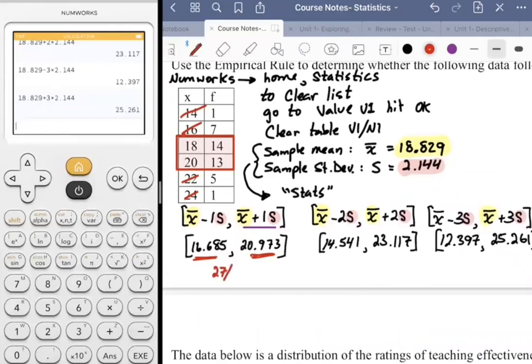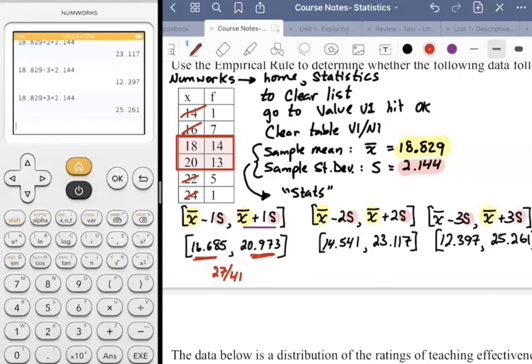There's a total of 41 values in the entire data set. We get that by adding these numbers up. So 1 plus 7 is 8, plus 14 is 22, plus 13 is 35, plus 5 is 40, plus 1 is 41.